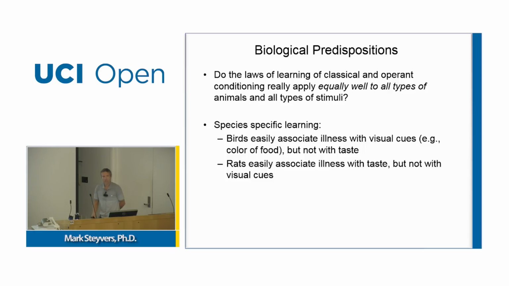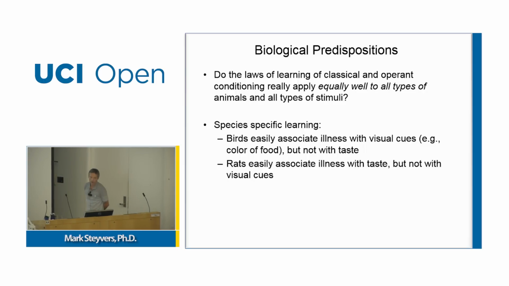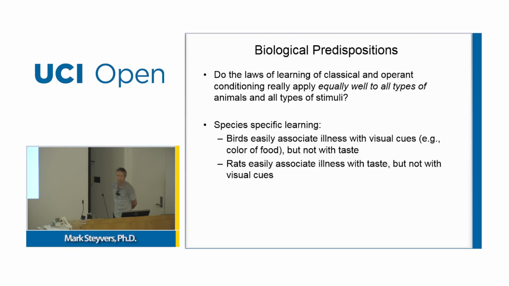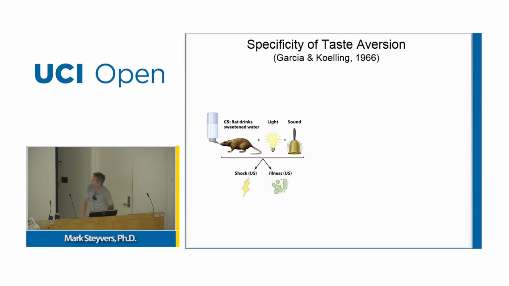So birds can easily associate illness with visual cues, but not with taste, because it's very natural for birds to pick out food based on visual cues. Rats, on the other hand, will associate illness with taste, but not with visual cues, because rats just have very different biological predispositions. So this is a very clever experiment by Garcia that shows how some associations are just more naturally learned than others.